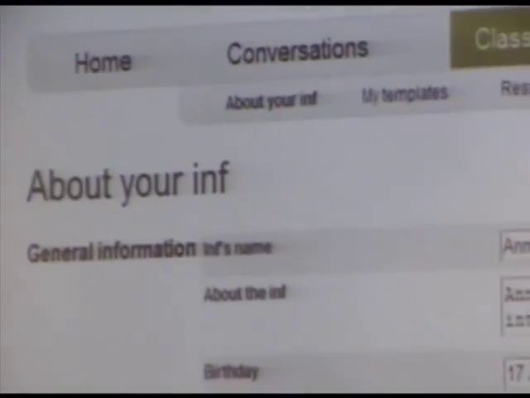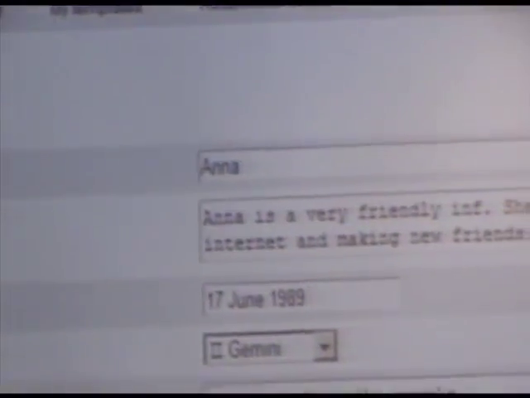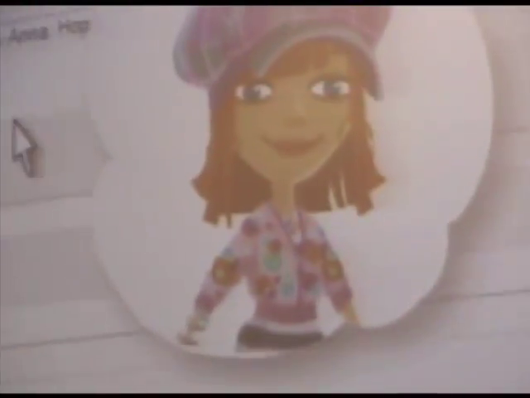All Infs have their own personal profiles. They can use this information during conversations to help support their own unique identity. To help bring them to life, you can teach your Inf how to react to certain situations, such as when a guest clicks on them, or if nobody talks to them for a defined period of time. Conversation topics can vary greatly, and your Inf must be taught to understand as much as possible and give logical replies.